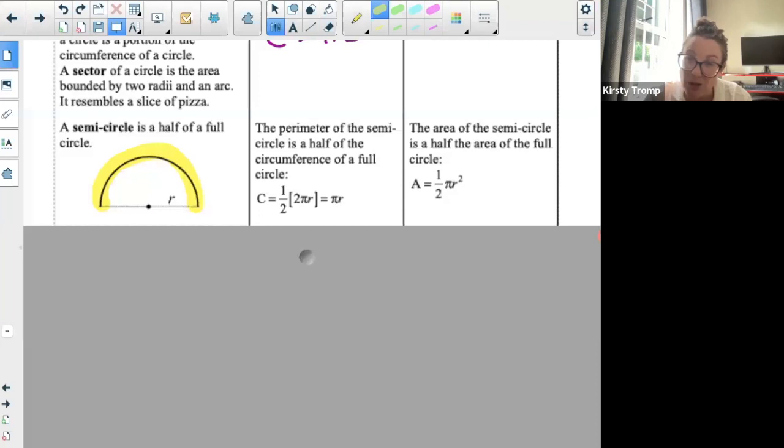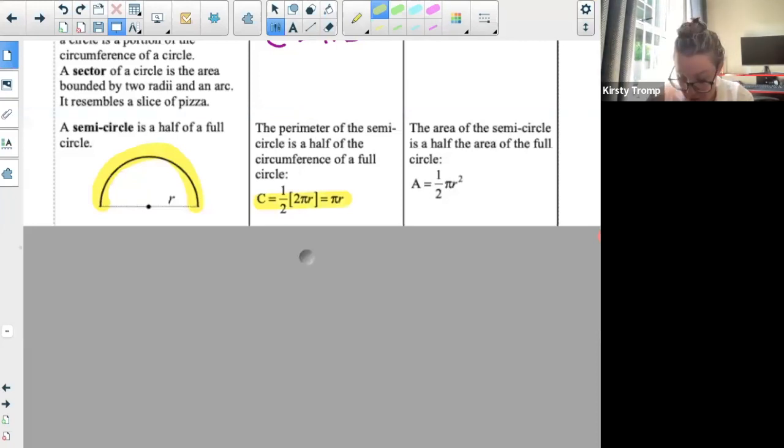So for a semicircle, we take the circumference of a normal circle, which is 2 pi r, and we divide it by 2. When we divide that by 2, we get rid of the 2, and so the circumference for the semicircle is pi r. Okay, guys, these ones you don't need to learn off by heart. They're mostly given to you, but you can also work them out.